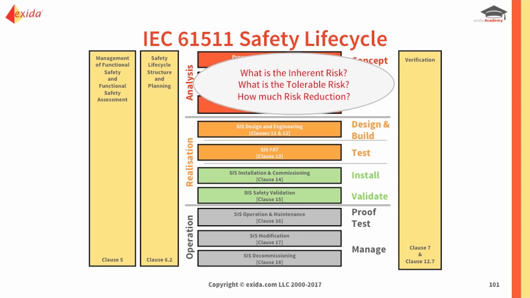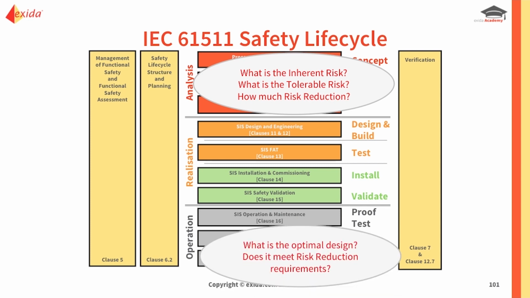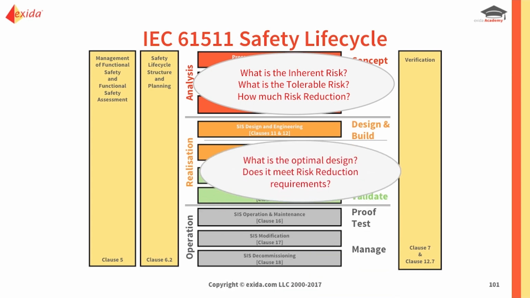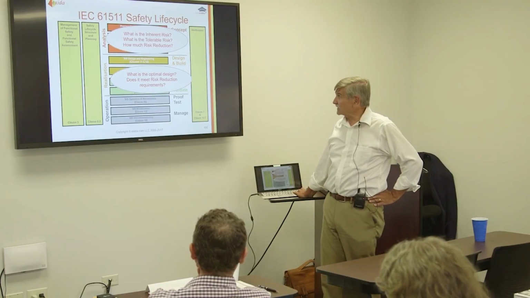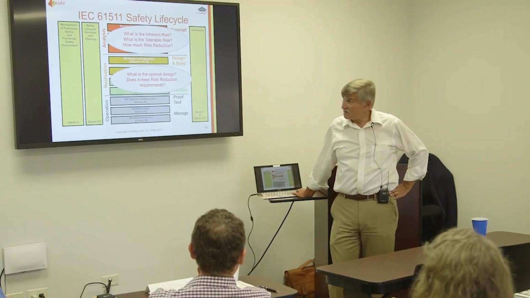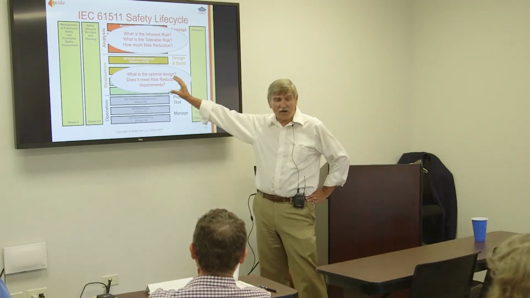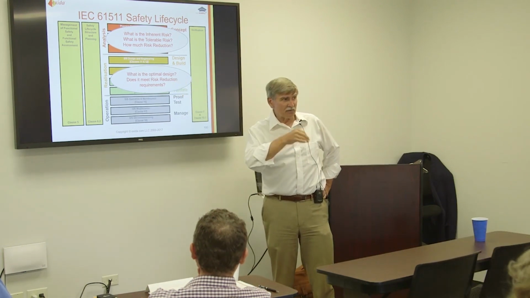What do you do in analysis? Figure out how much safety you need. Then you're going to figure out how to do it and how to do it with optimal design, considering everything, including cost. You're not here to design the world's most expensive. You're designing to match the risk reduction requirements. And that's important.